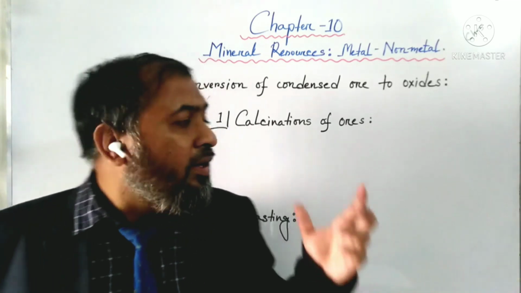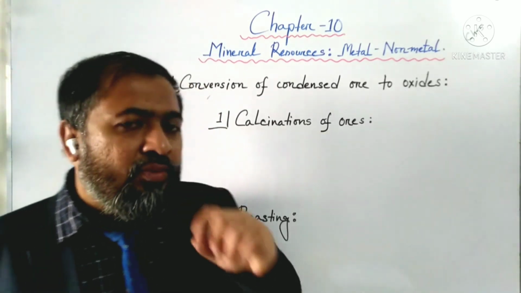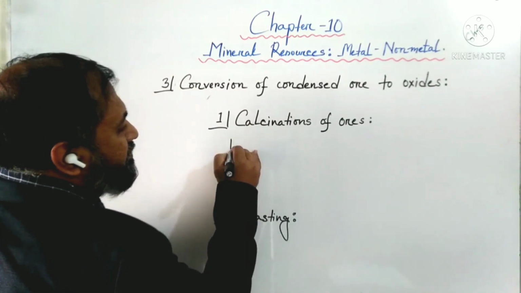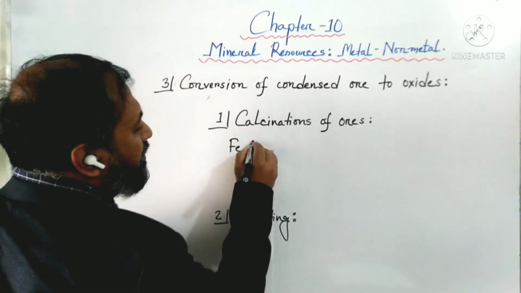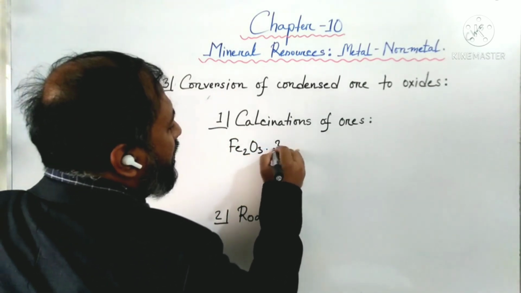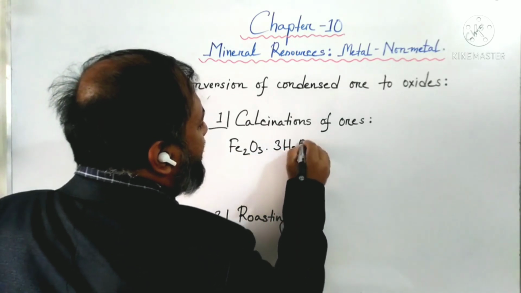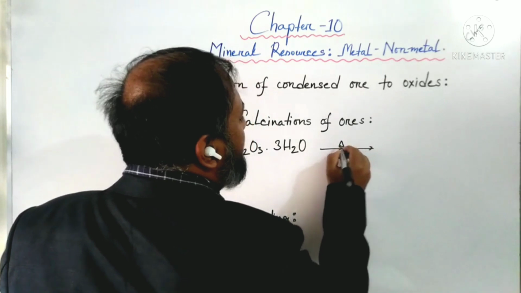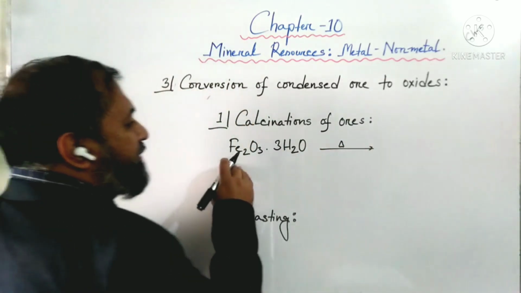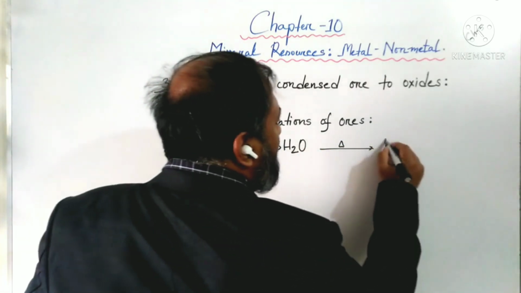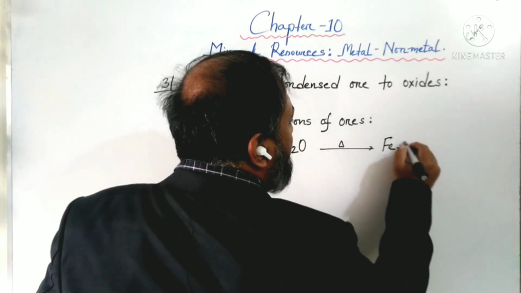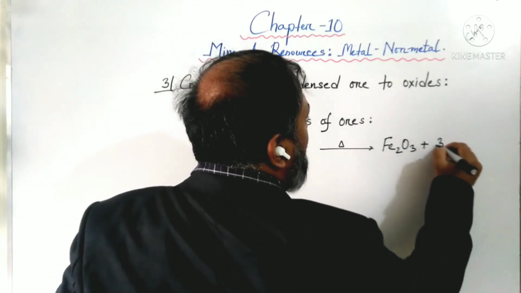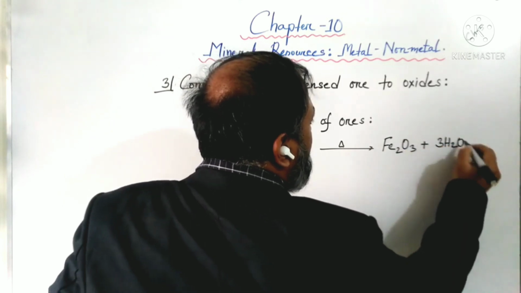So in the calcination process, what actually happens, you can see, when we heat up the ore below the melting point, in the absence of air, impurities are removed from the ore and the concentration of the ore increases.